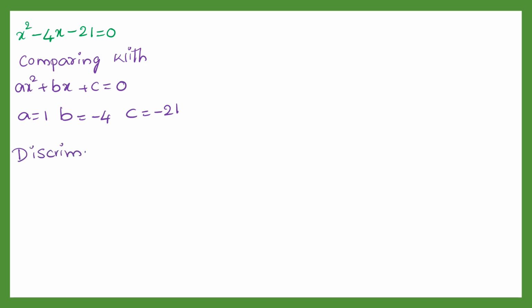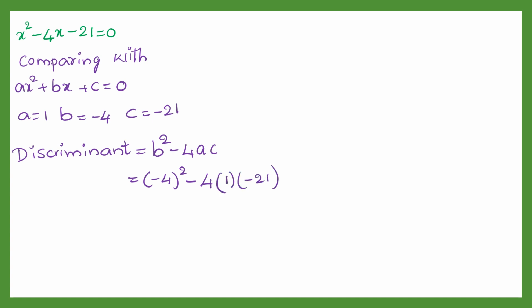What will we know with the help of the discriminant? Discriminant tells the nature of the roots. Discriminant is b square minus 4ac. b square means minus 4 whole square, minus 4a is 1, c is minus 21. Minus 4 whole square is 16. Minus square, that means minus into minus, we get plus again.